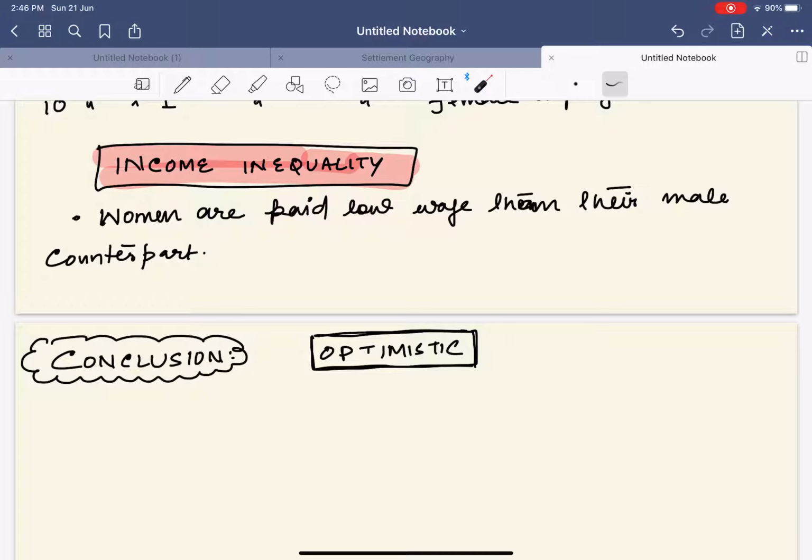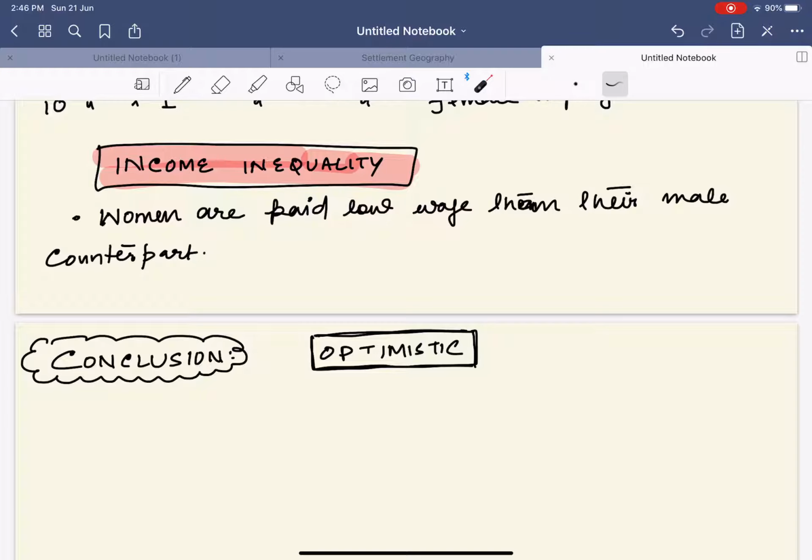Within this optimistic conclusion, please listen to this very carefully, because most of you are not listening to the video and are skipping away from it. I would say that the government has initiated multiple schemes as a result of which women are being brought at par with men. For example, 33% reservation of Panchayati Raj seats.